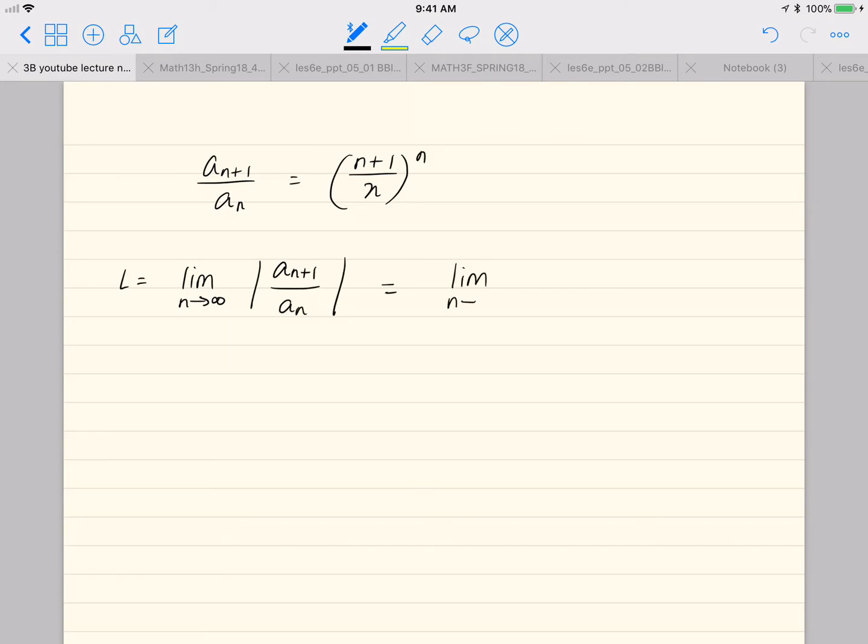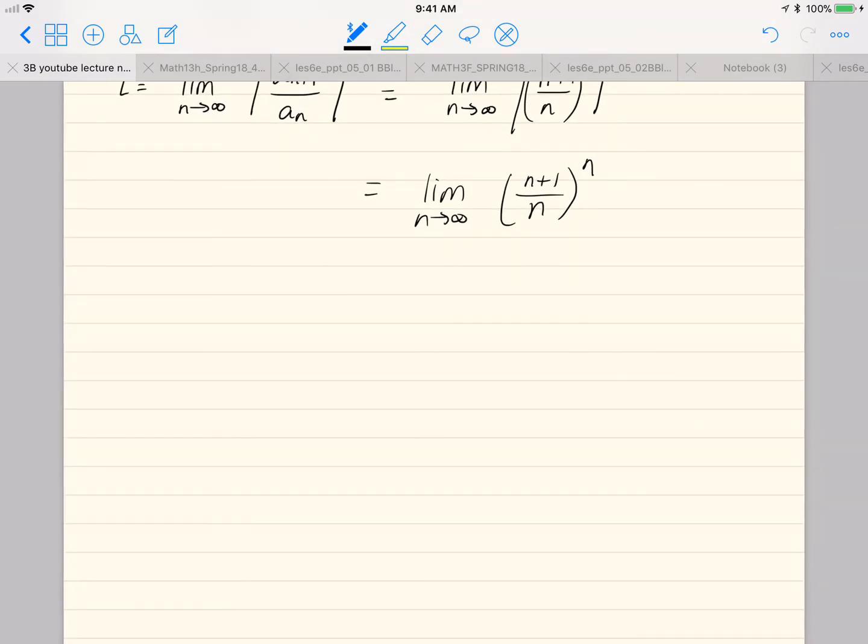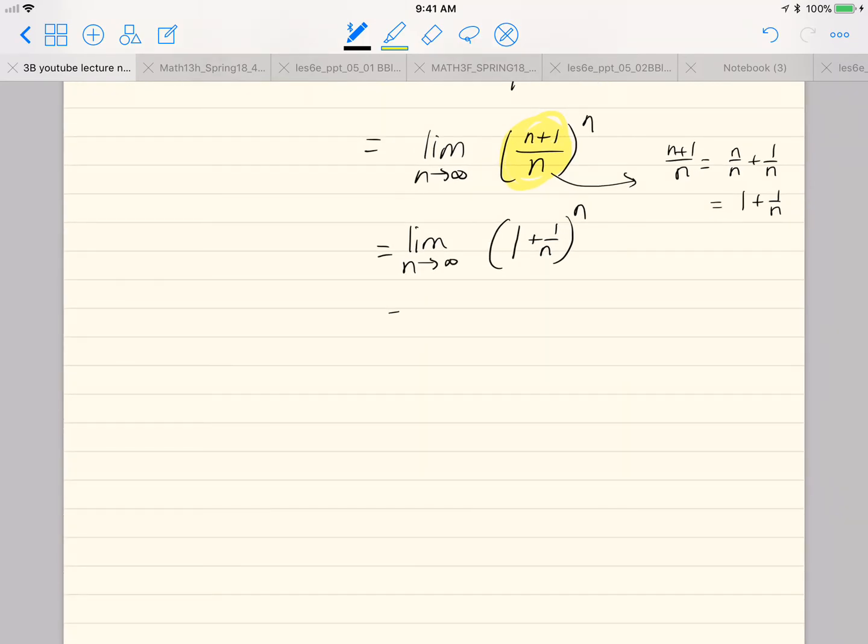This is the same as n plus 1 over n to the n, and this is actually equal to 1 plus 1 over n to the n, because on the inside I can rewrite n plus 1 over n as n over n plus 1 over n. So I get the limit as n goes to infinity of 1 plus 1 over n to the n, and this is equal to e.